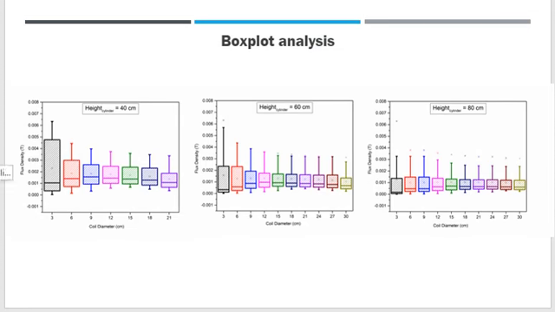It is immediately evident from the box plot charts that all data sets are positively skewed, suggesting that the simulated flux densities are mostly greater than the median value along the central axis of the reactor. The calculated median value is around 1 millitesla, except for the 80 centimeter reactor, where the median value is found to be around 0.5 millitesla.